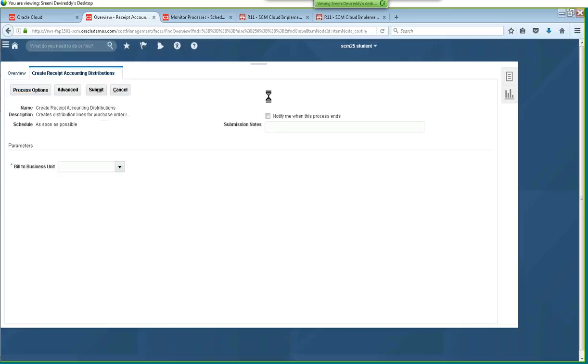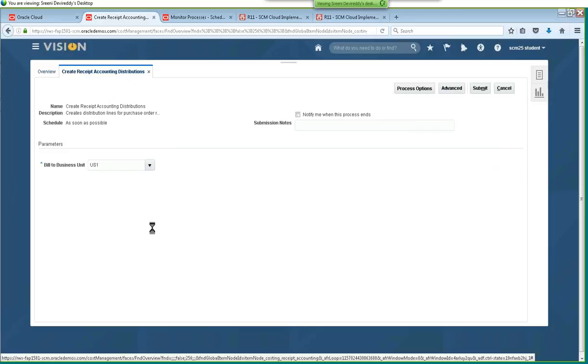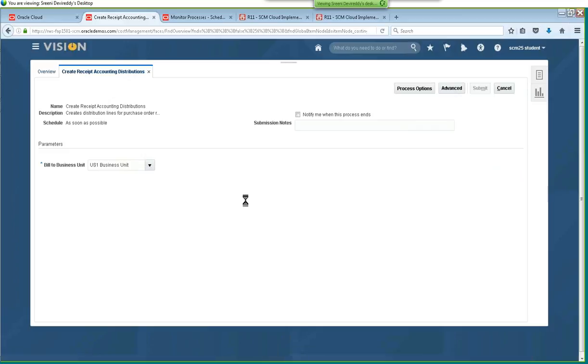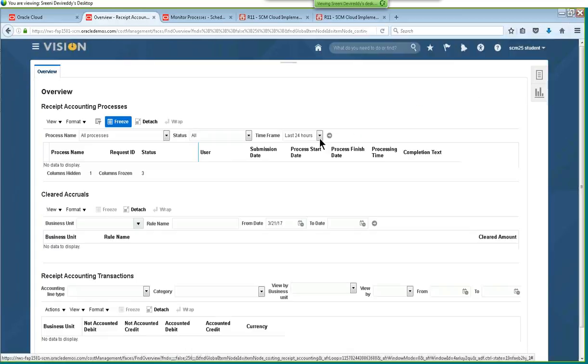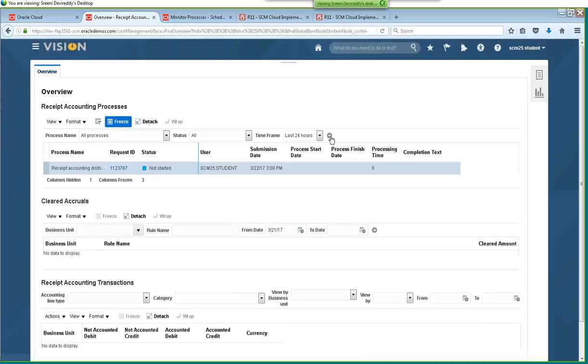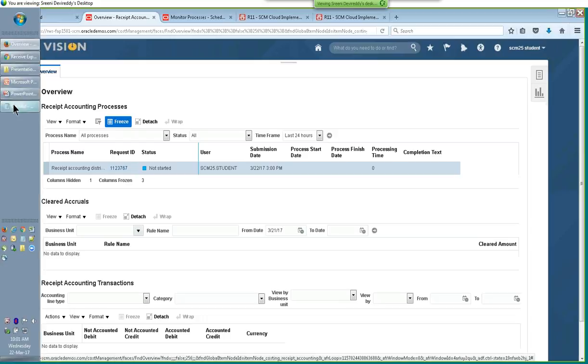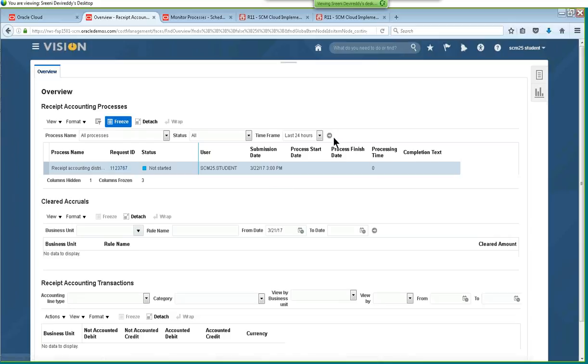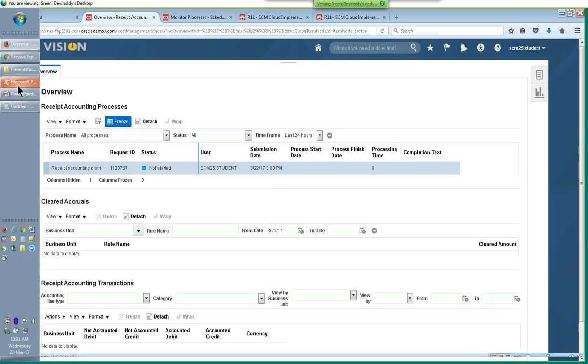And I know the BU, US1 business unit. That's the BU where I have my purchase order. All right. Create done. So let me query that process. It will take a minute or so to complete. Once it's done, we should be able to see the distributions here. Then we are going to run the create accounting and we should be able to see this accounting.